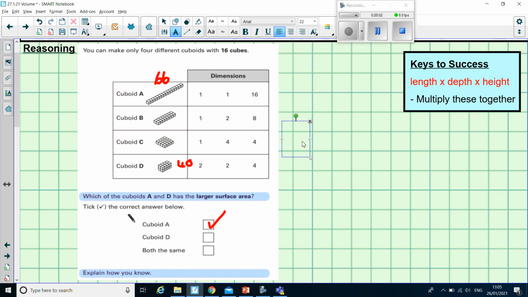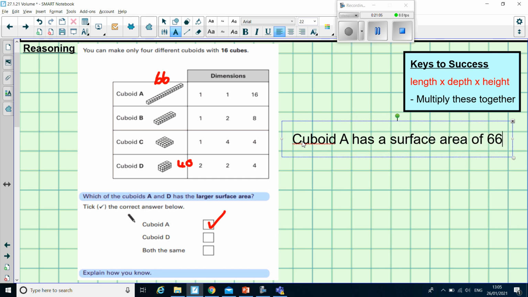Okay then, year 6, here's what I would put to this question. I would start off by saying my answer. So cuboid A has a surface area of 66 squares.